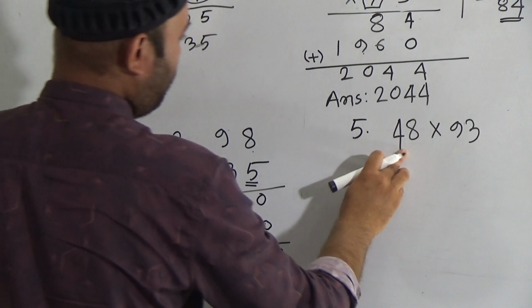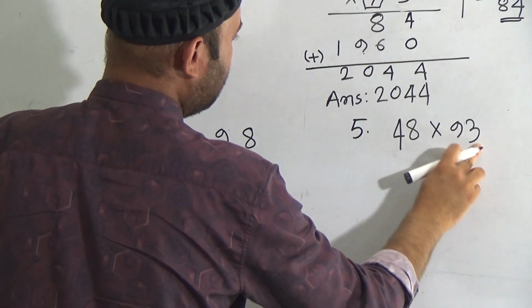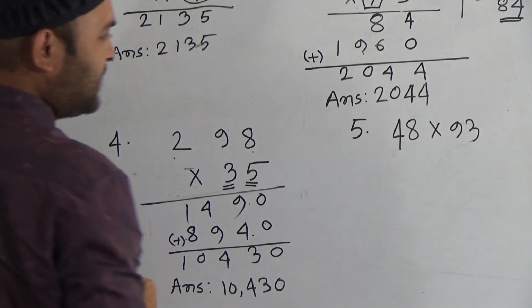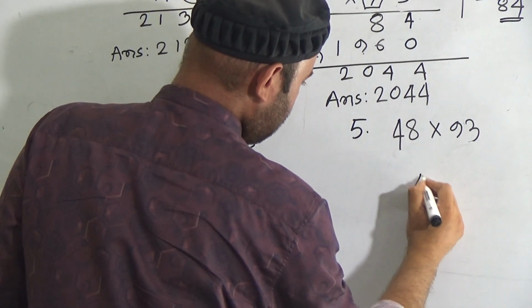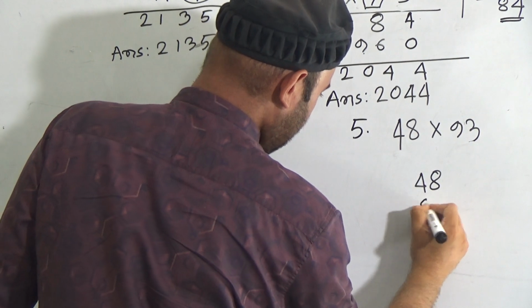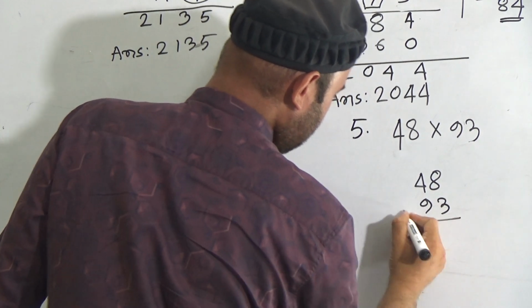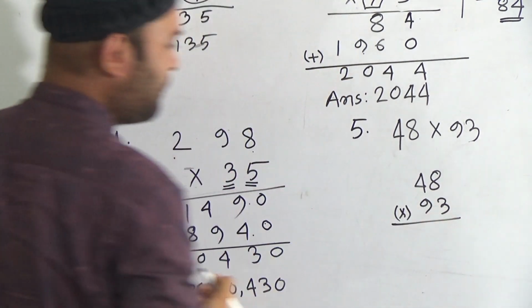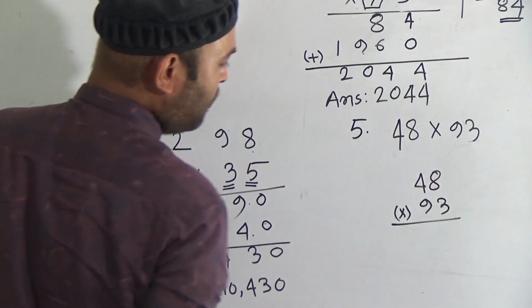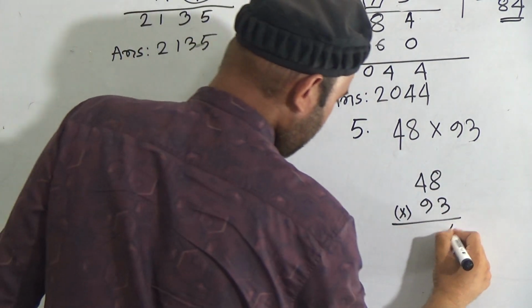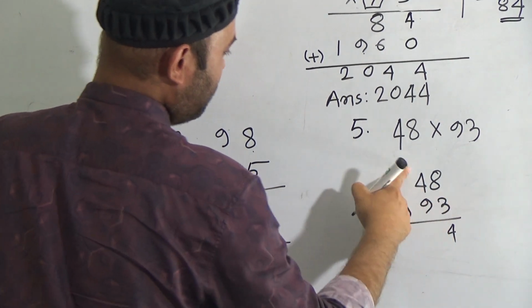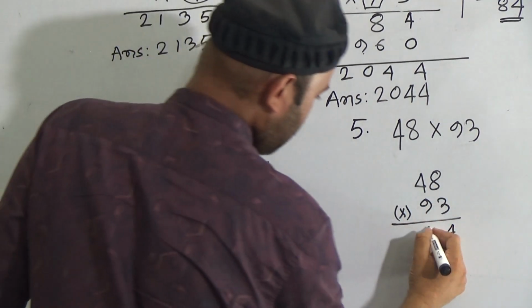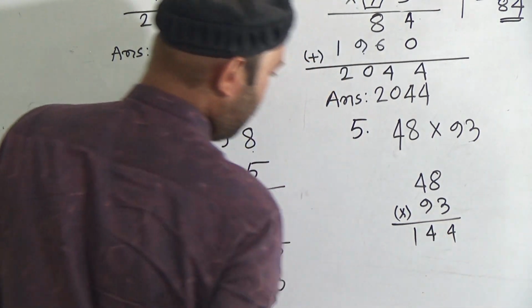Question number 5, 48 multiplied by 93. First of all, you have to arrange this way, 48 and 93. The similar way you have already done, and then start to do multiplication. 3 8s are 24, there is 4 and carry 2, 3 4s are 12 and 2 is 14.